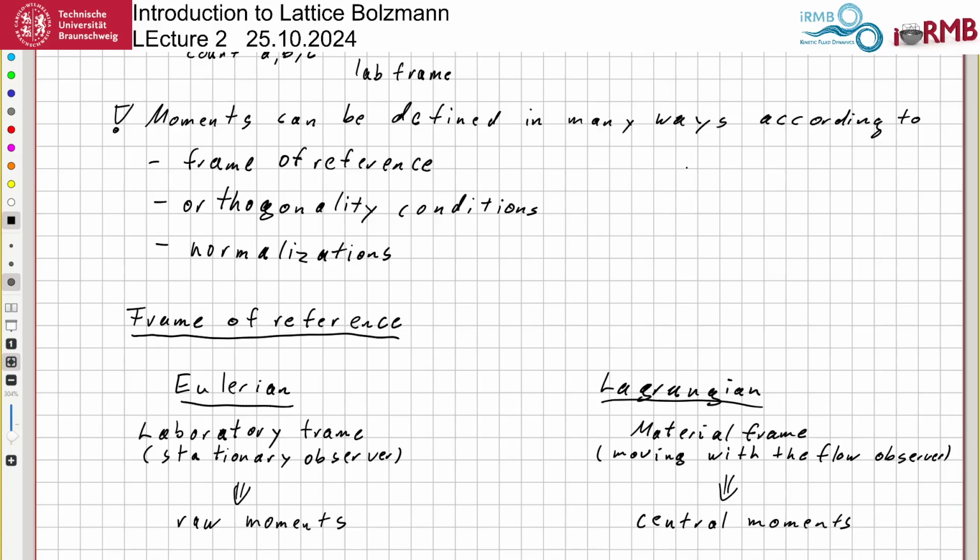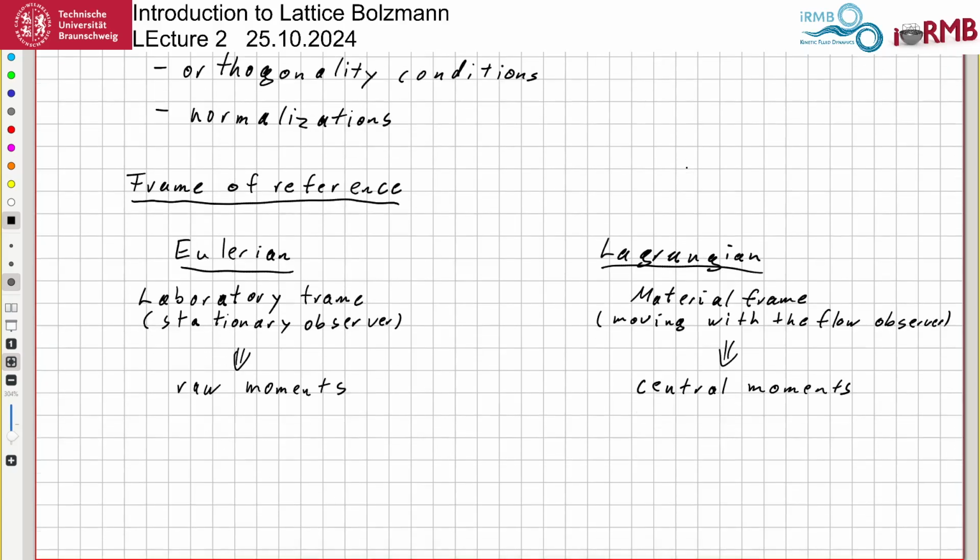There is a non-zero possibility that you also find other names referring to them in some places in the literature, but we call them central and raw moments. The difference can be used in a Galilean transformation.